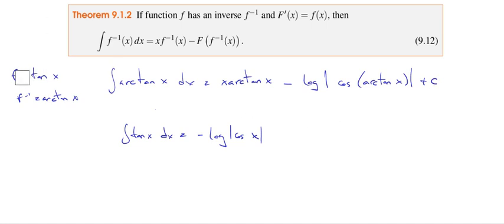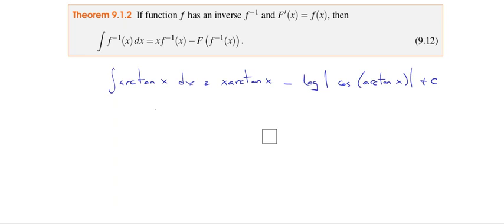And now we need to simplify this expression. How do we do that? Well, we need to rewrite the cosine in terms of the tangent, and the easiest way is to realize that 1 over the cosine squared is equal to 1 plus the tangent squared, so the cosine squared of x is equal to 1 over 1 plus the tangent squared.